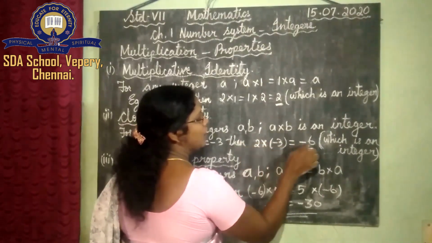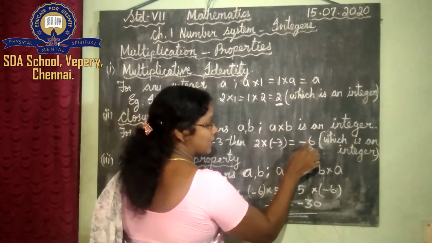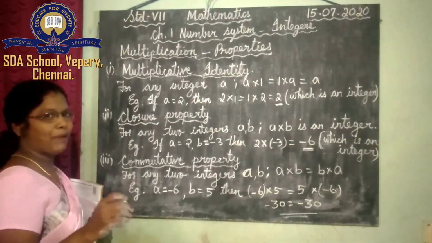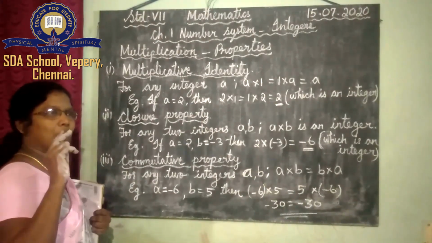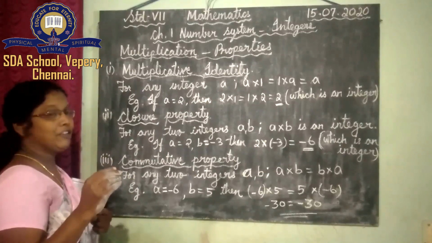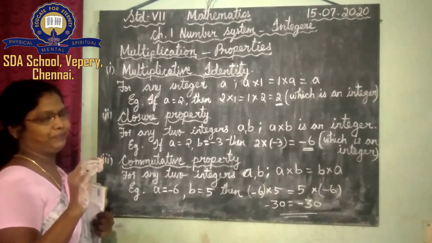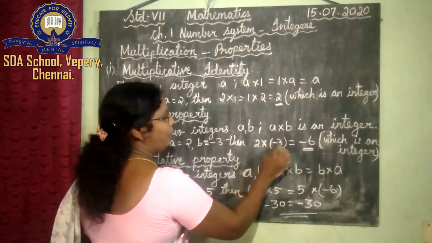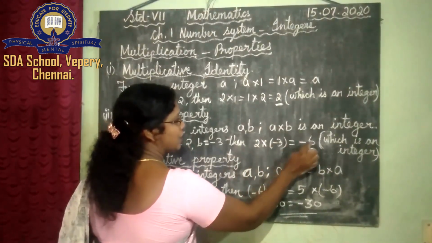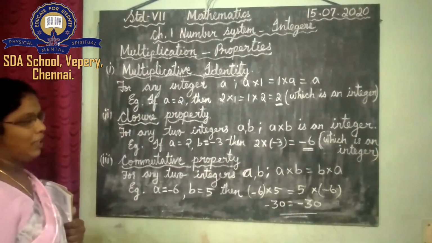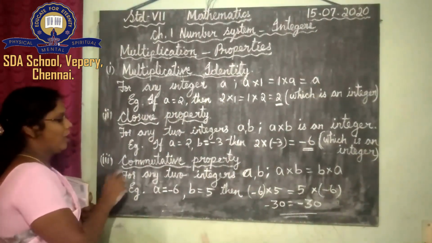Where minus 6 is an integer. So when we multiply more than one integer, it gives the answer as an integer. So 2 into minus 3 is equal to minus 6, where minus 6 is an integer. Okay, next we'll go to the third one.